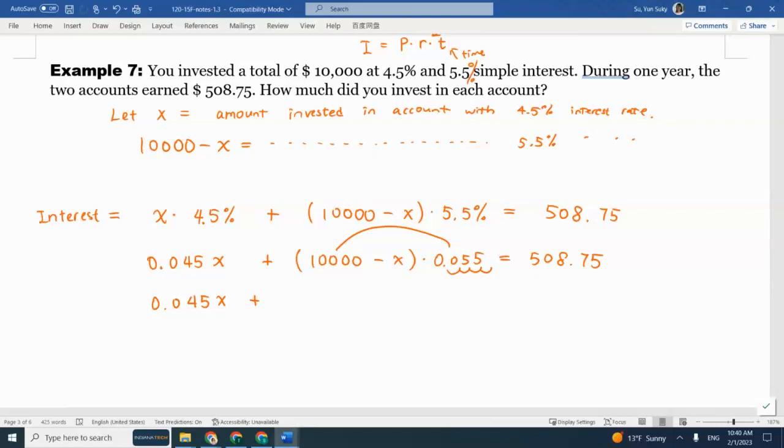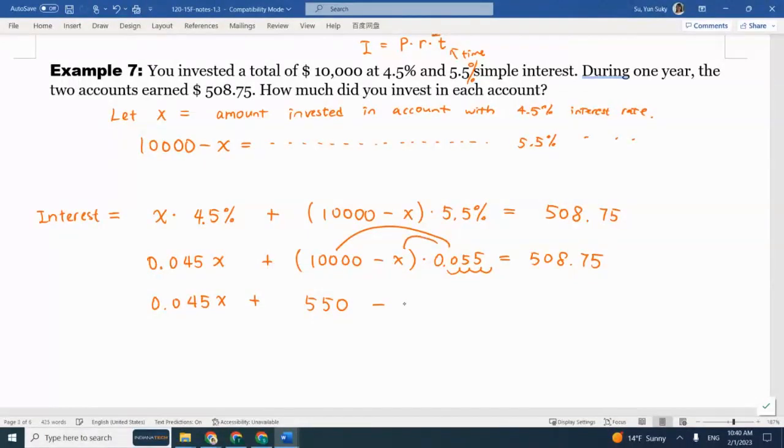Yes, everybody? So we get 550. This number is easy, so we just get it. If we have a more complicated number, you can use your calculator. With these problems, you can use your calculator because the number is usually hard.